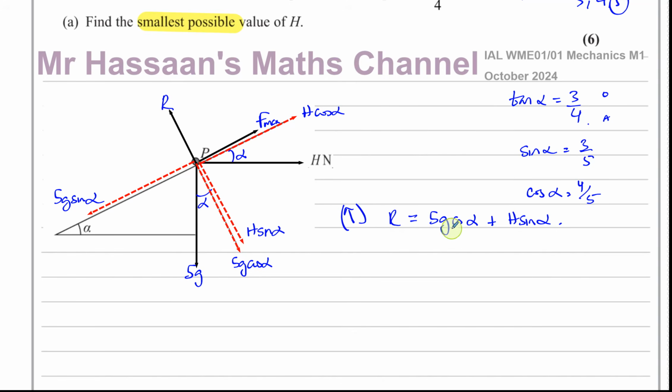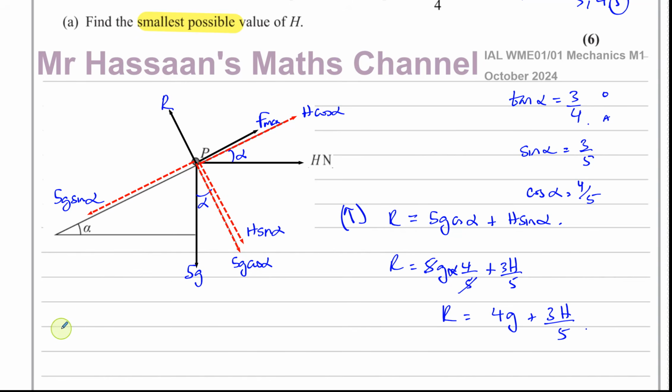We know cosine alpha is 4/5, so R is going to be 5 times g times 4/5, plus h times the sine of alpha, which is 3/5. So the 5's cancel here, and the reaction force is equal to 4g plus 3h over 5. Okay, so that's the reaction force.